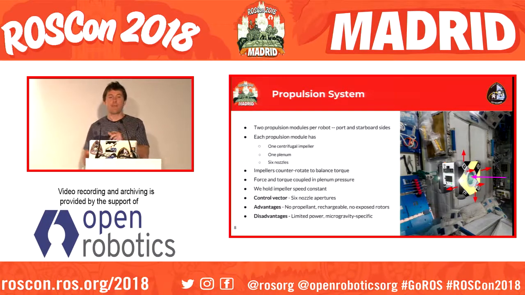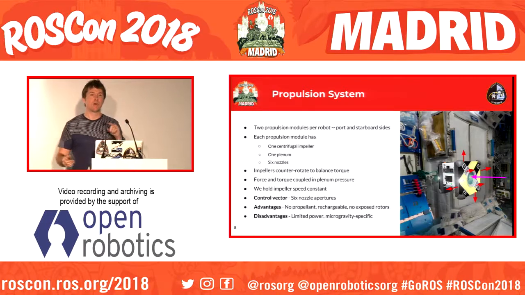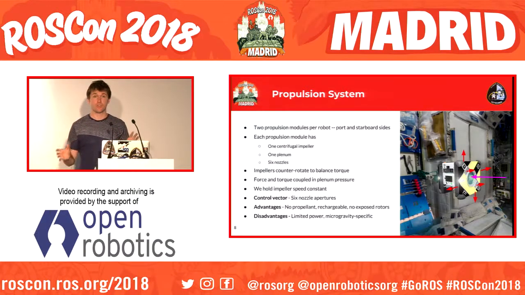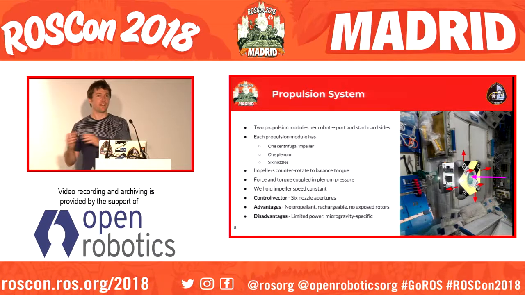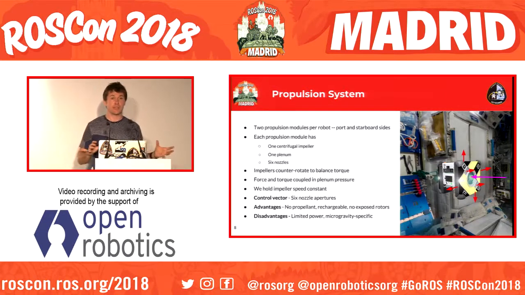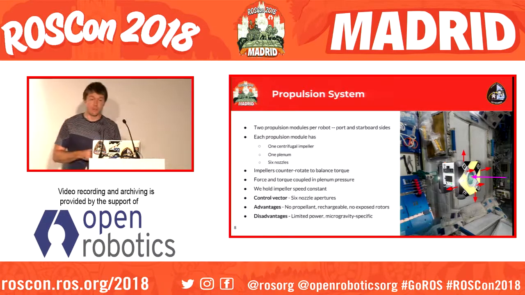Now, the complexity in this system is that it's a fully holonomic control system, and in fact we're over-actuated, but the problem is that both force and torque are coupled in plenum pressure. So it means your force is not independent of torque. You have to adjust for the fact that your hard limit changes based on whether you're translating and rotating simultaneously.